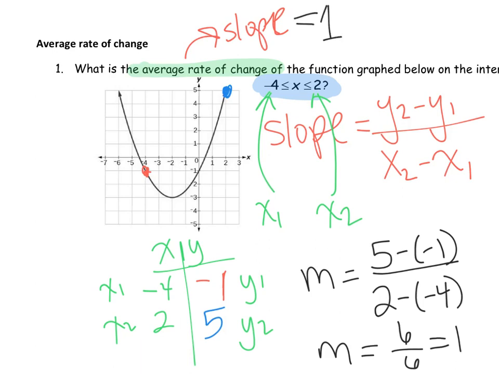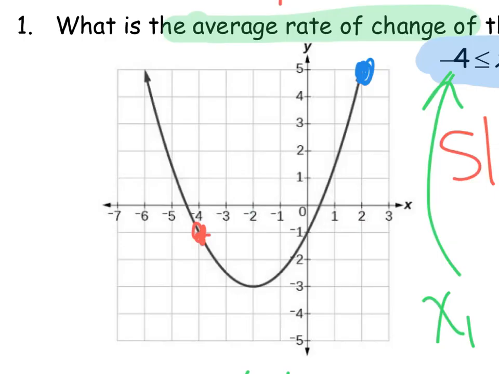Now, very quickly, I'm going to show you guys a very quick shortcut if you were to do this graphically. So if we were to do this graphically, guys, think about slope. It's rise over run, right? I'm starting here from this point, and I'm ending at this point on the graph. So let's look at rise over run. Rise up one, over one, up one, over one, up one, over one, up one, over one, up one, over one, up one, over one.